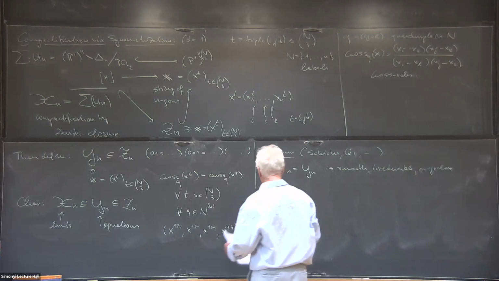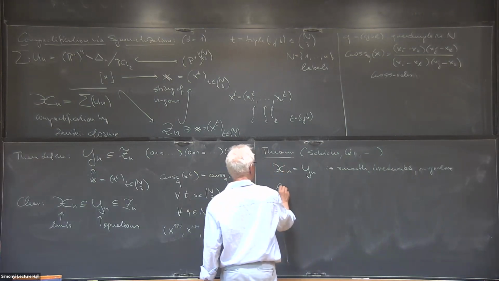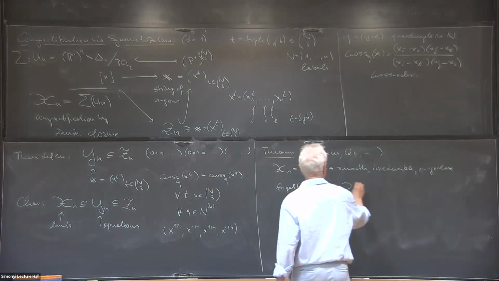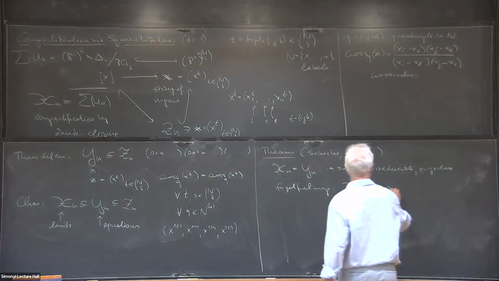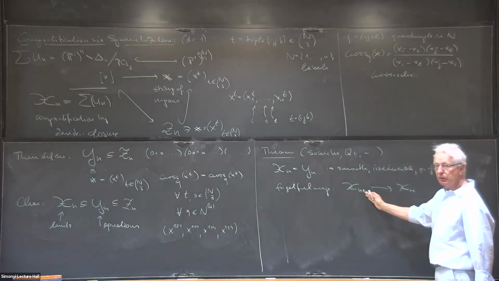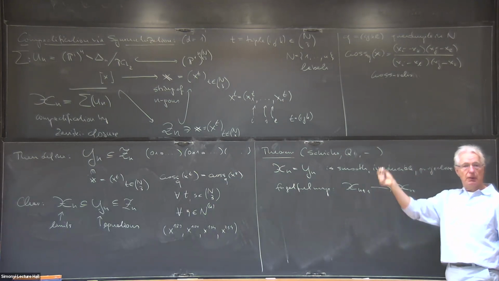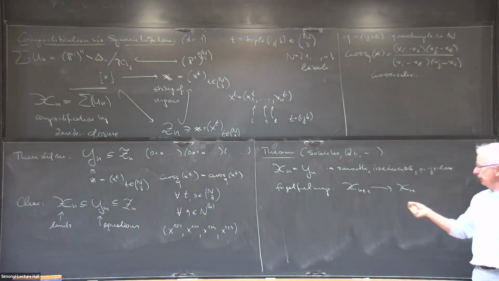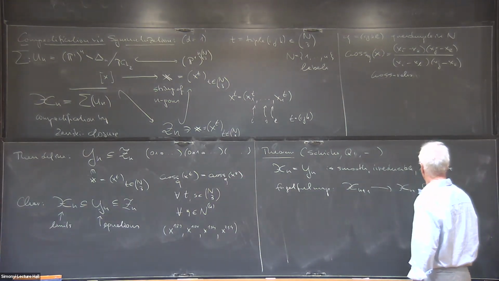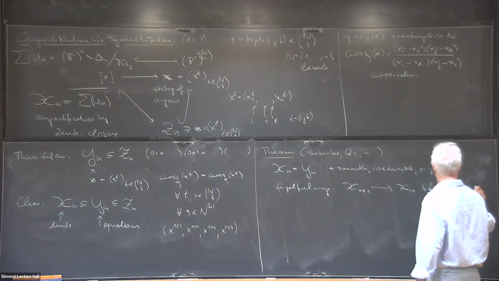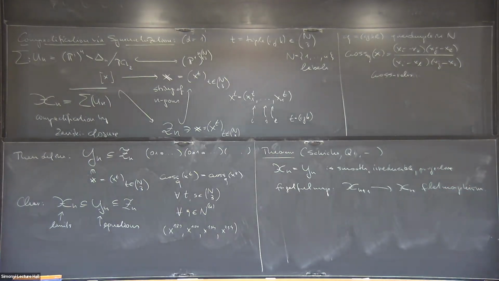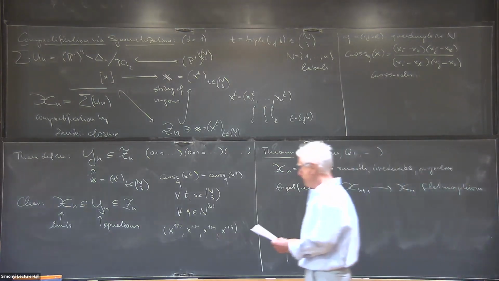And for free, we get a forgetful map. If we take n plus 1 gons, we can forget about one entry in our n plus 1 gons and go down to Xn. And this is a flat morphism. And it has additional properties I will mention at the end. What is the dimension?